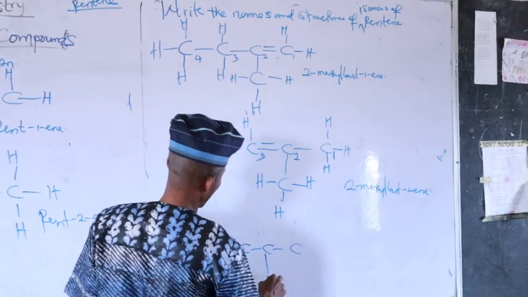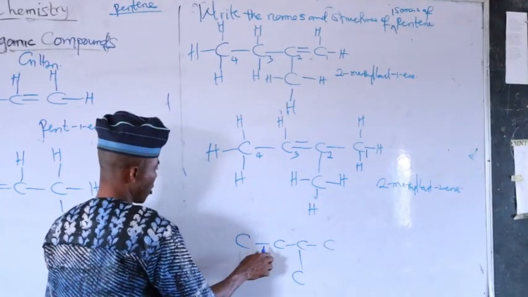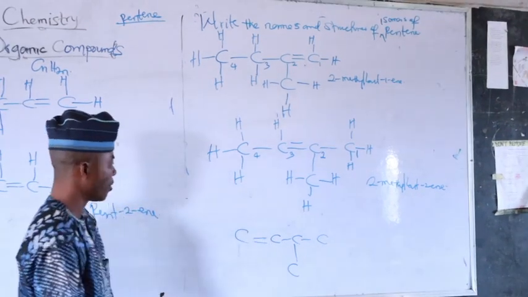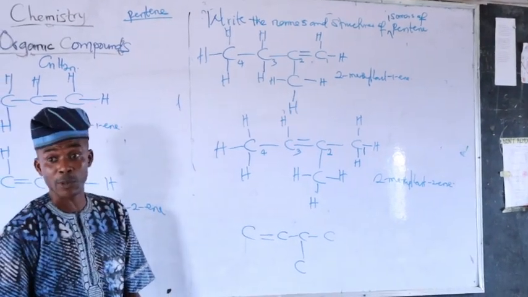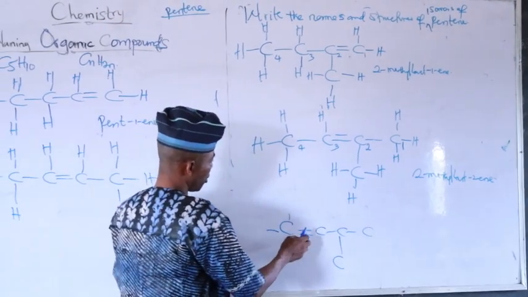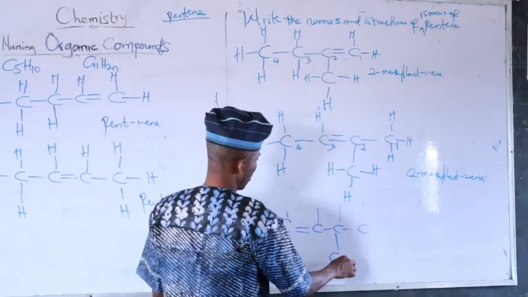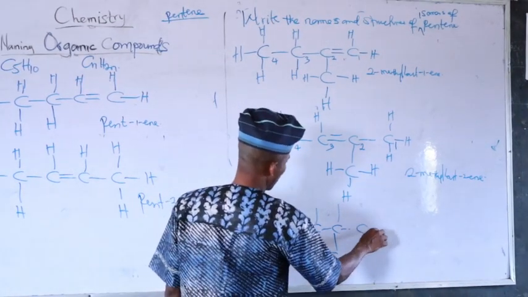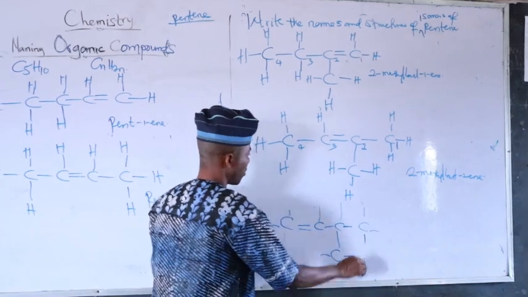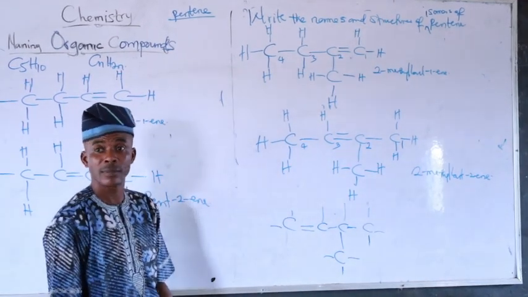Then you have this one, 1, 2, 3, 4, 5. Let's try it. If it gives us the same name, then it means it's not possible. Will it go that way?